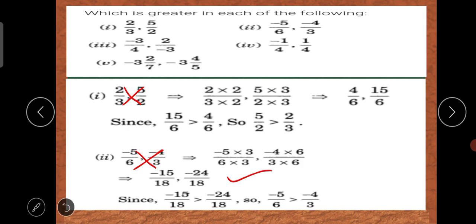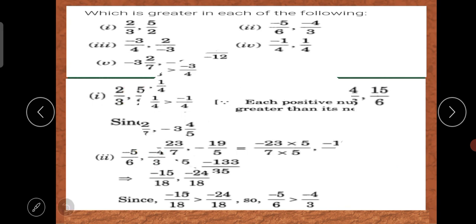Now when we compare two negative numbers, bigger numbers are always smaller because they are far away from 0. Okay. So minus 15 upon 18 is greater as compared to minus 24 upon 18. Okay. So here the answer is written. The remaining questions you have to solve yourself in the same method.